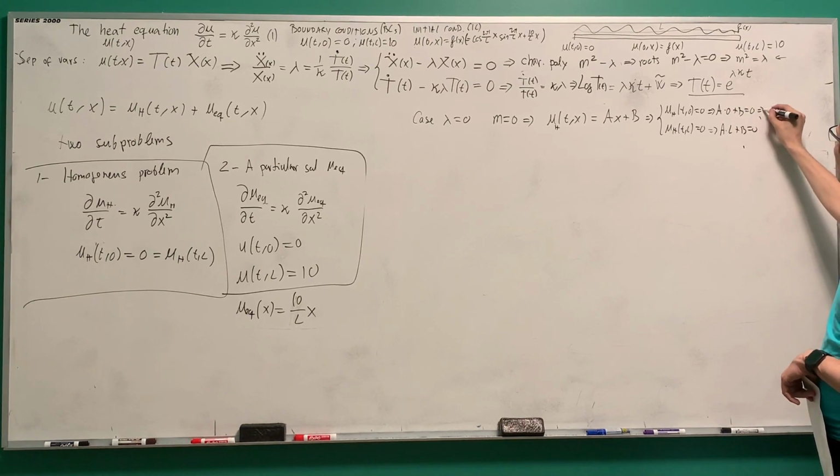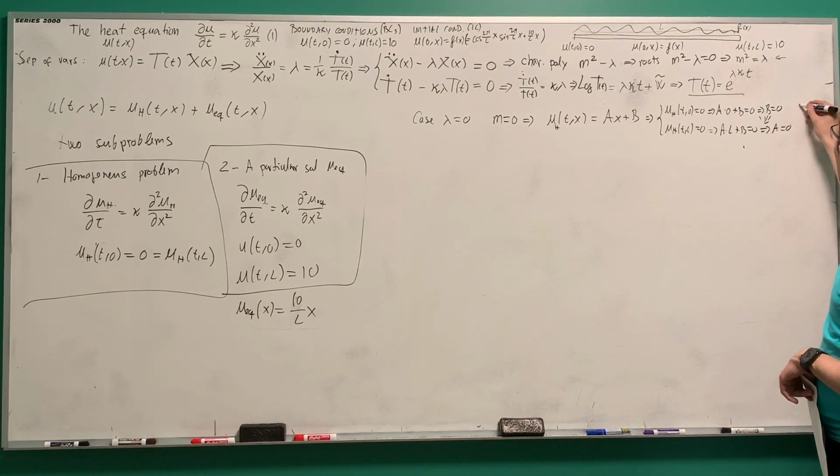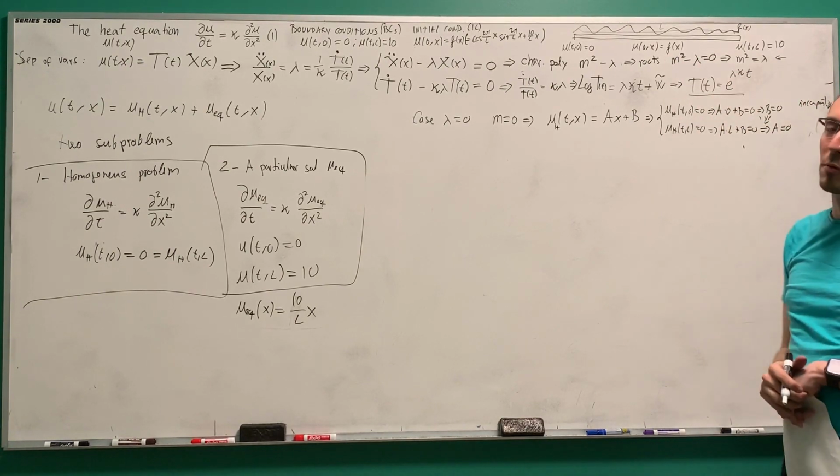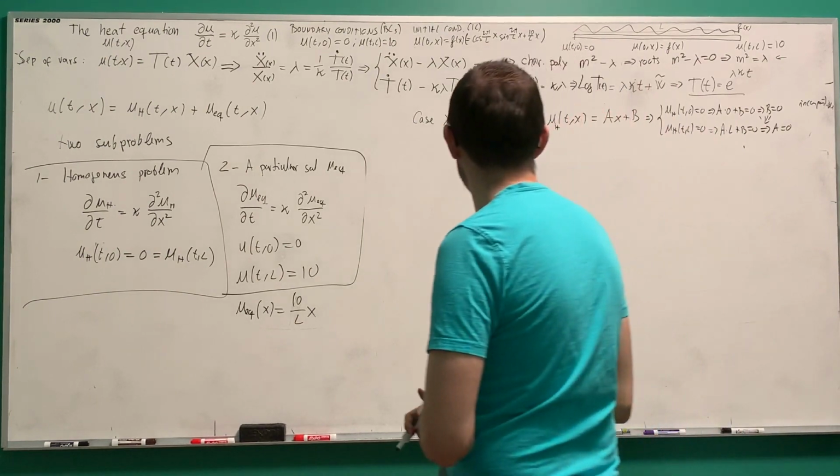Since B is 0, applying that, I get that A is also equal to 0, so incompatible with the initial condition. That's the trivial solution, right? We've done that already, so that's why it went so fast.